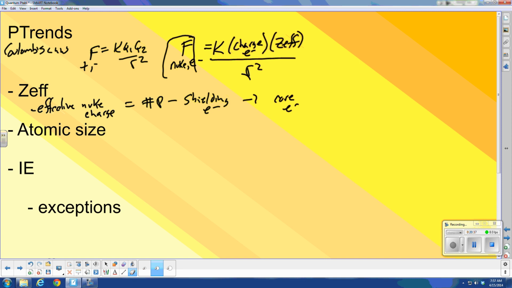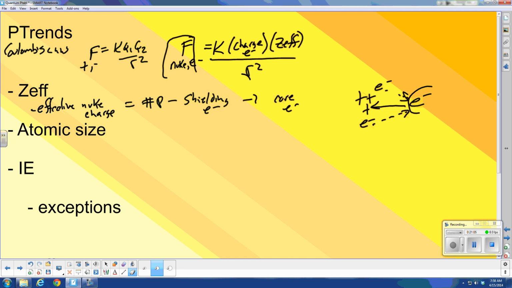And what do we mean by shielding? Okay, so I have something like lithium here, and I have 3 protons, and then I have a couple of electrons in the 1s, and then I have another electron in the 2s. Now, this electron is going to be attracted by those 3 protons. However, since a negative and a negative repel each other, these 2 electrons in the core, in the 1s, are pushing away.